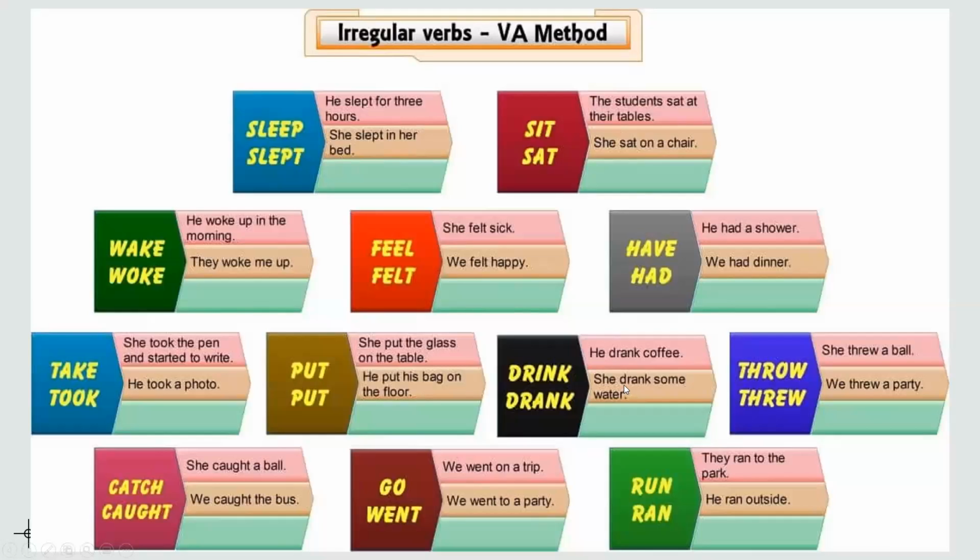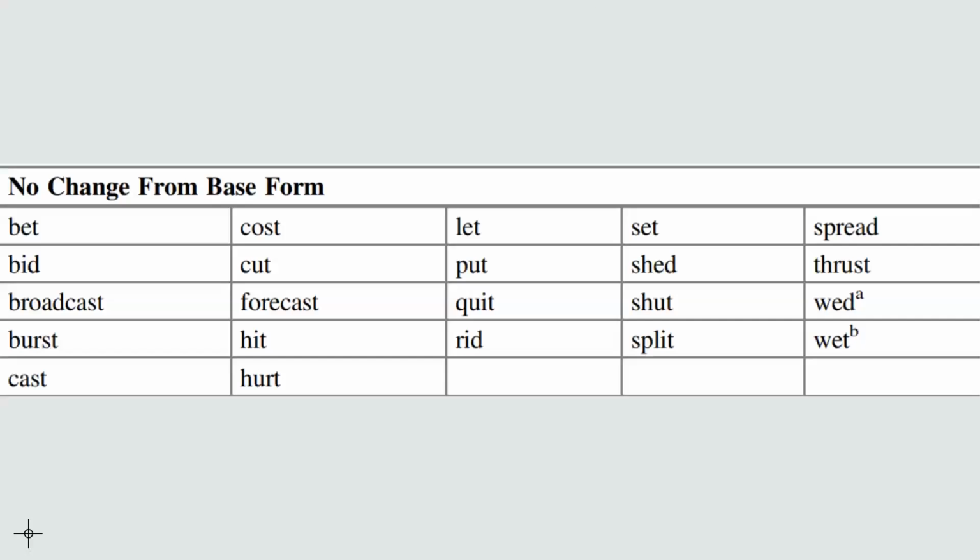But let us focus on some rules that will help you understand the irregularities. For example, this is a group that does not change from the base form. They have the same form in the past tense and in the past participle. For example, bet, bet, bet, bid, bid, bid, cost, cost, cost, let, set, set, set, and so on. They have the three forms, the base form, the past tense, and the past participle, in the same way.